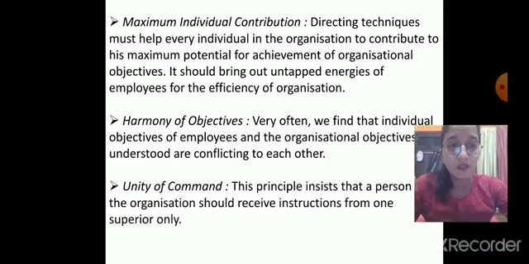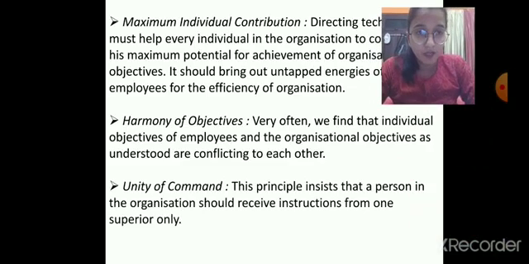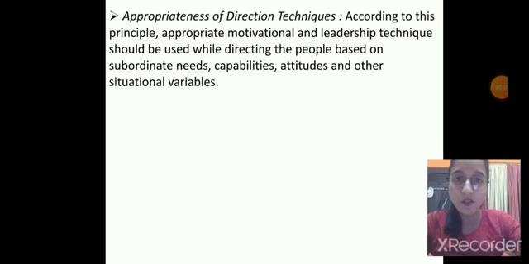Third principle is unity of command. So this principle insists that a person in the organization should receive instruction from one superior only, because if anyone is receiving instruction from more than one superior, then there may be conflict and confusion. So unity of command is necessary in the directing function. Next principle is appropriateness of direction techniques.